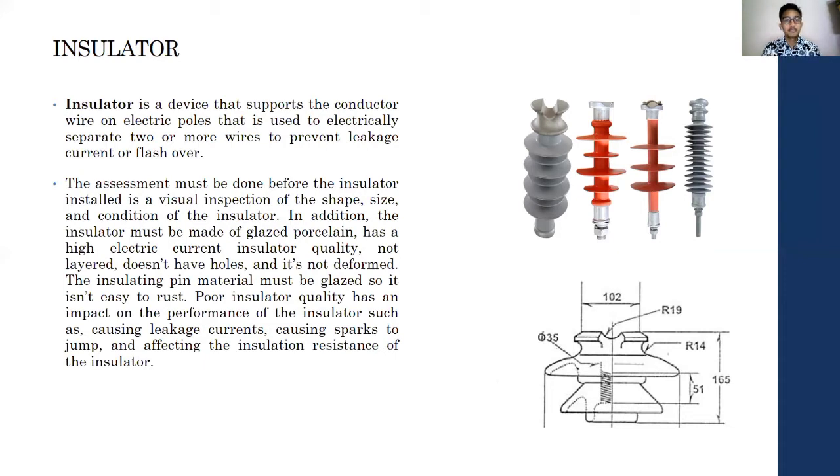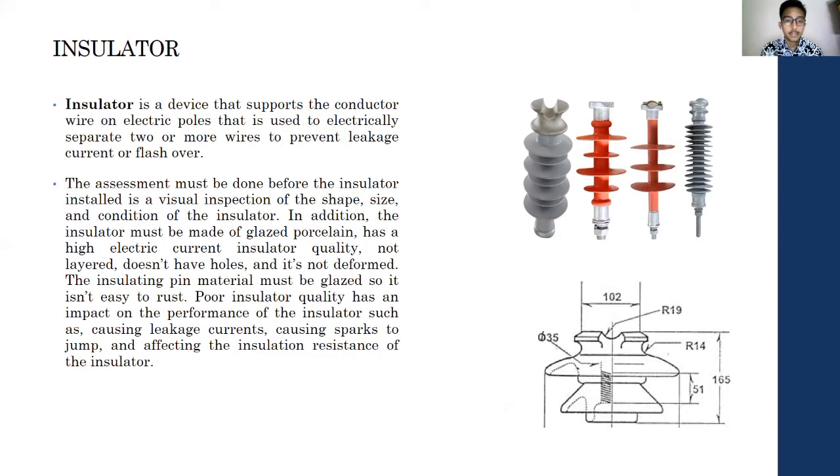The assessment that must be done before the insulator is installed is a visual inspection of the shape, size, and condition of the insulator. In addition, the insulator must be made of glass porcelain as high electric current insulator quality, not layered, doesn't have holes, and it is not deformed.